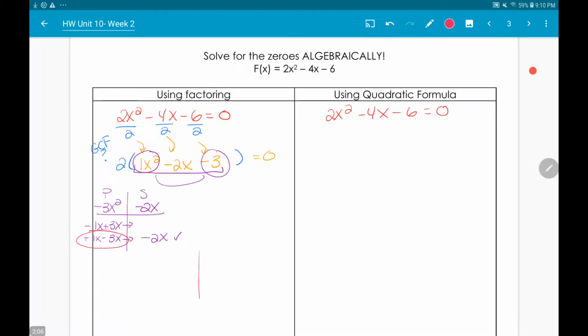I set up my box. I know some of you thought factoring was going to go away, but it's not. My 1x squared goes here, negative 3 here, and then put my 2 winning numbers on the inside.